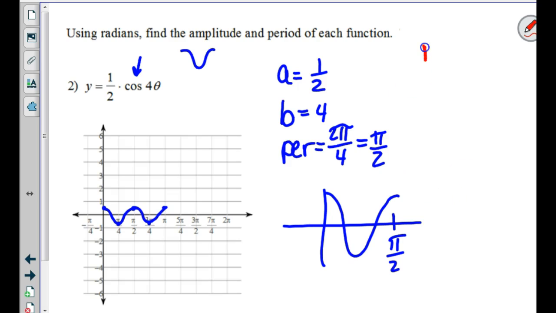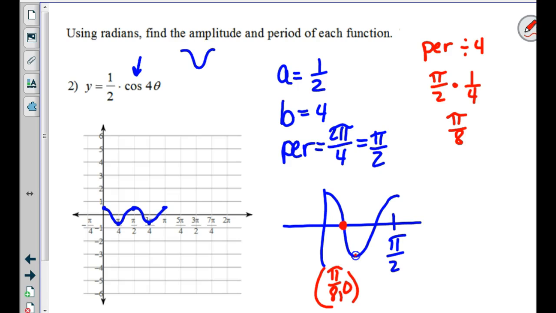So if we take the period and divide it by 4 to get the quarter points, we'd have pi over 2, and dividing by 4 means multiplying by 1/4. So we'd have pi over 8. So this would be 1 pi over 8. This would be 2 pi over 8 or pi over 4. And that would be down at negative 1/2. This one was at 0, 1/2.